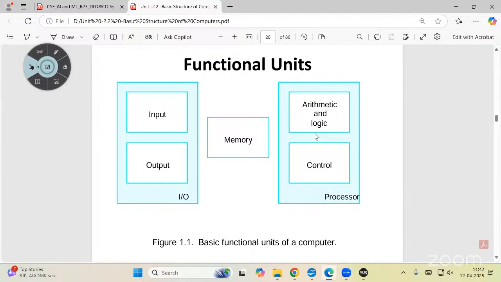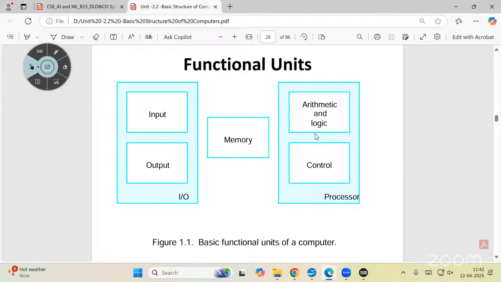And similarly here, that is controlled by the processor, that is the control unit. Next, the arithmetic logic unit, the ALU, and the control unit together are called the central processing unit, the CPU. Together they are called the processor.